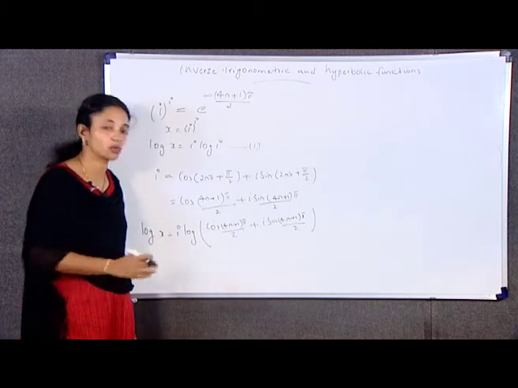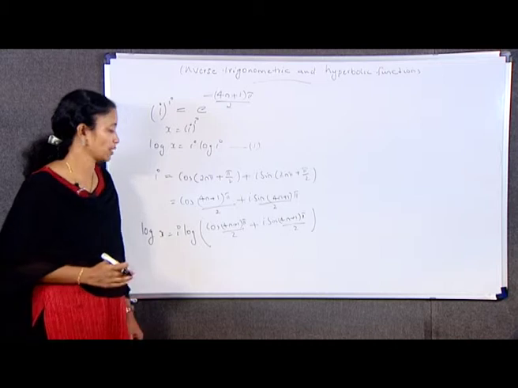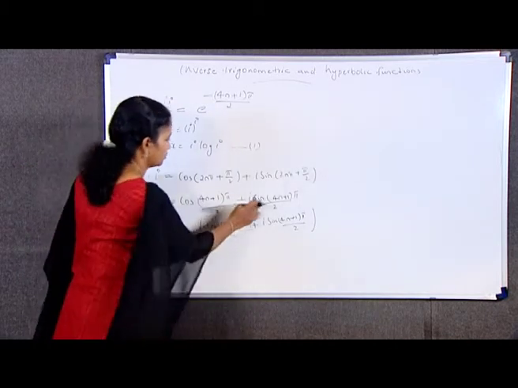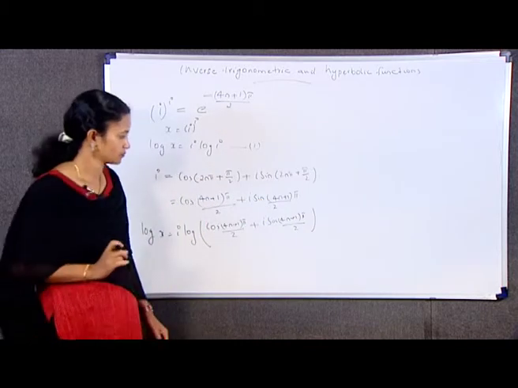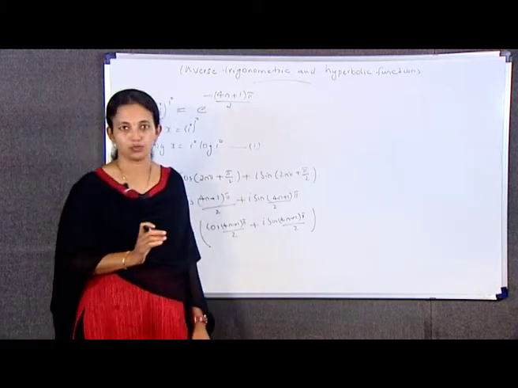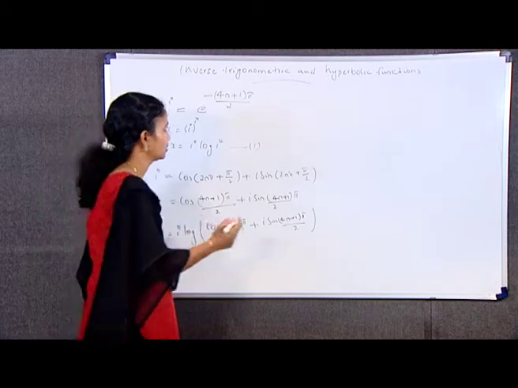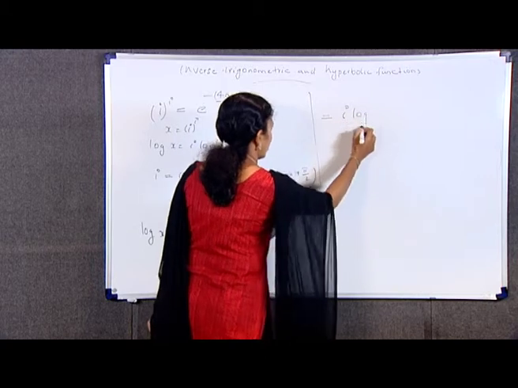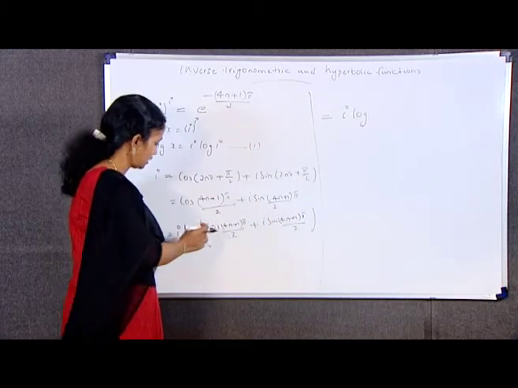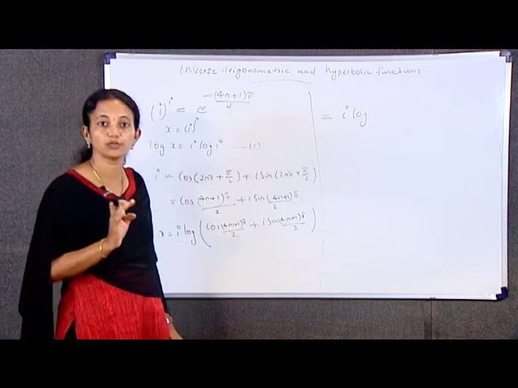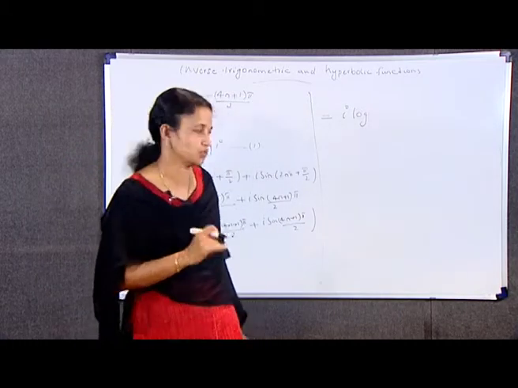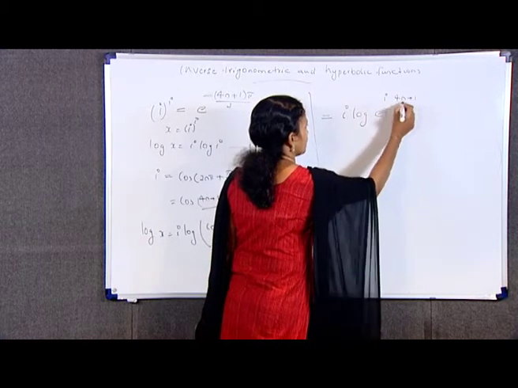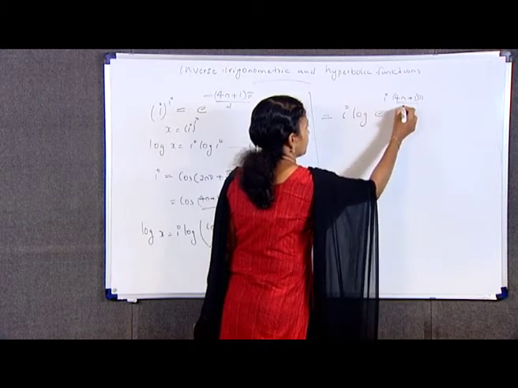That is log x is equal to i into log of cos (4n+1)π/2 plus i sin (4n+1)π/2, which can be simplified as i log e raised to i into (4n+1)π/2.